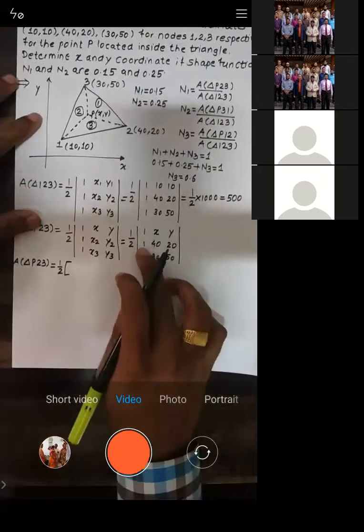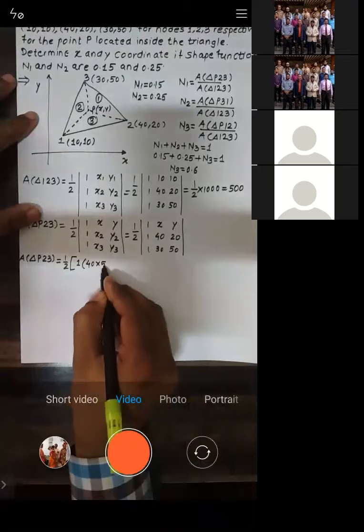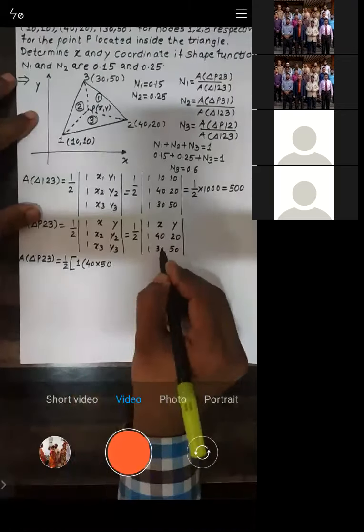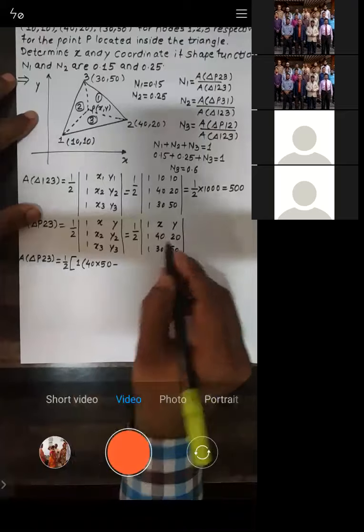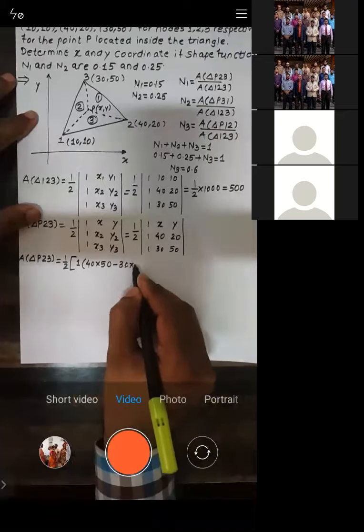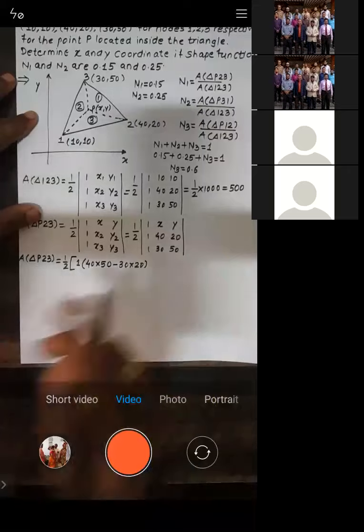This 1 into, inside the bracket, 40 into 50, which is 2,000. So 40 into 50 minus 30 into 20. Right? So this is for this term.